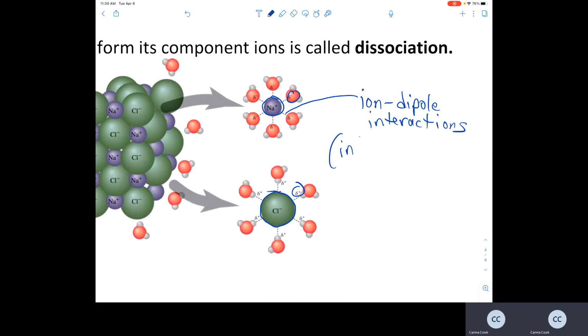These are intermolecular forces. Just like hydrogen bonds that we talked about earlier, which we classified as a type of intermolecular force, these ion-dipole interactions can also be considered a type of intermolecular force.